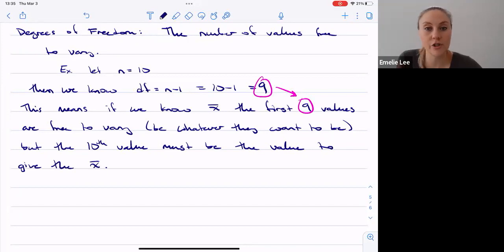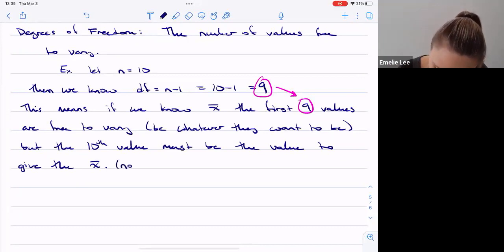So it adjusts for all those free range values. So here I'll say not free to vary.